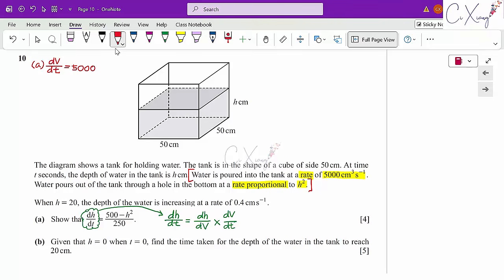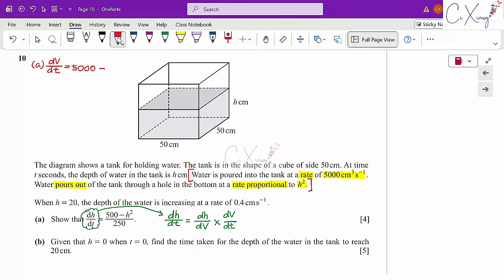But at the same time, they say water pours out of the tank through a hole in the bottom at this rate. So pour in means it is increasing, so you should be having a positive value. But when you are having pours out, that means the water is leaking, so the volume becomes less or decreasing. So when you're having anything that's decreasing, then you must have a negative.